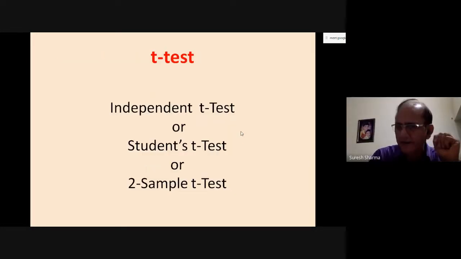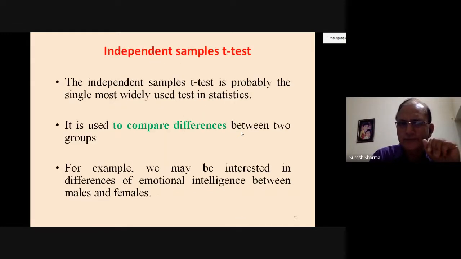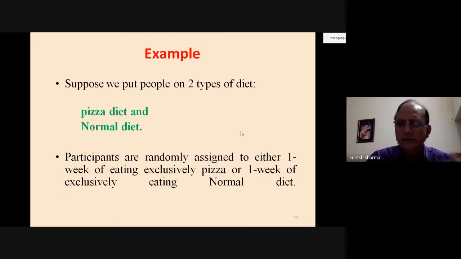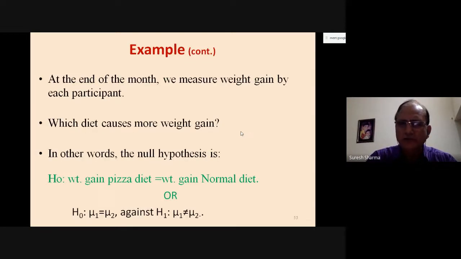Similarly, there is the independent t-test. Independent t-test is also called student t-test or two-sample t-test. Two-sample means there will be two samples, one from Assam, one from West Bengal. Let's say there are two groups. One group is put on a pizza diet, another group is put on a normal diet, for 1 week, and after 1 week their weight gain is monitored. The hypothesis is that weight gain due to the pizza diet is the same as weight gain due to the normal diet, or you can say mu1 is equal to mu2.